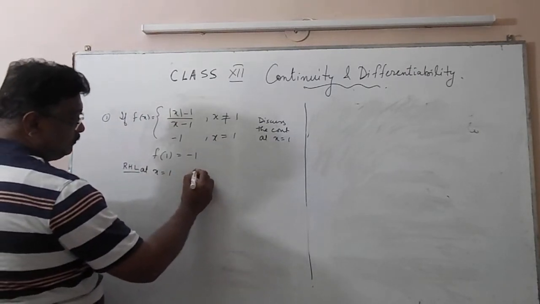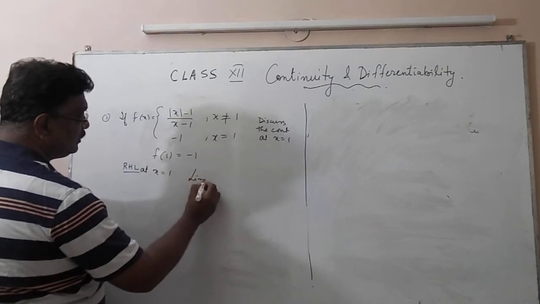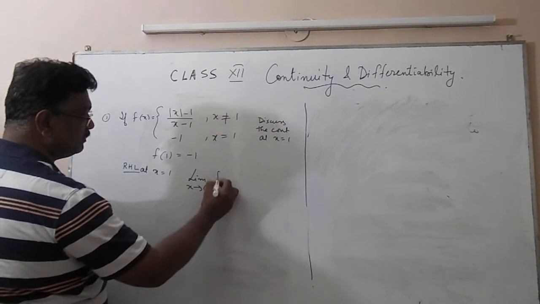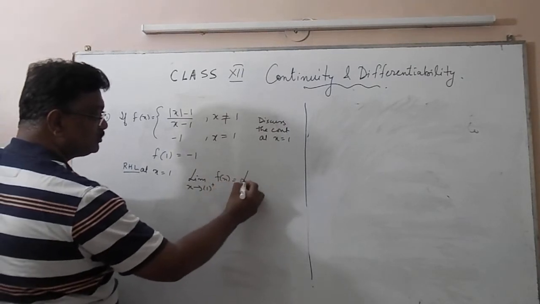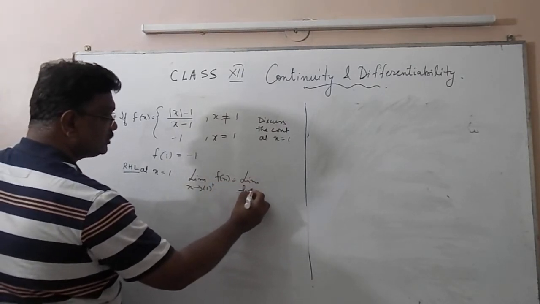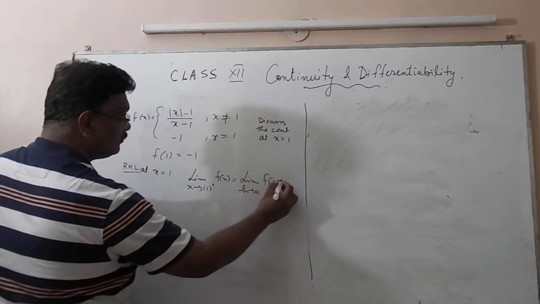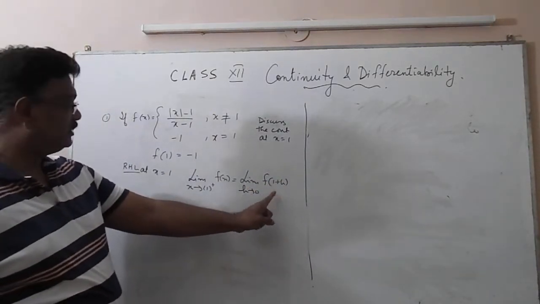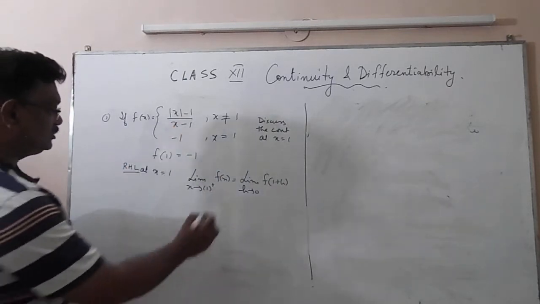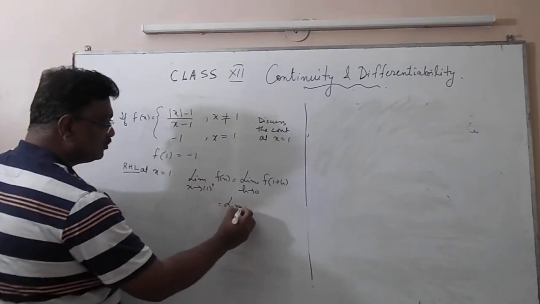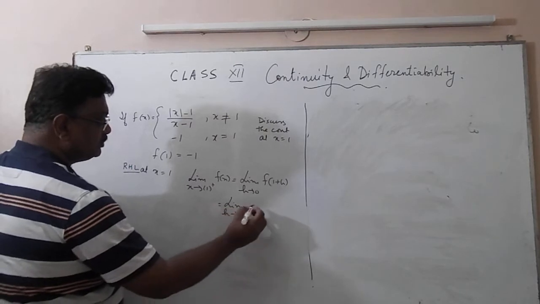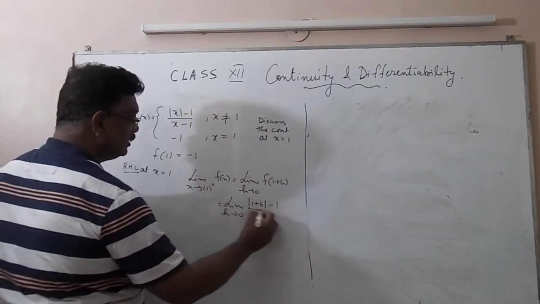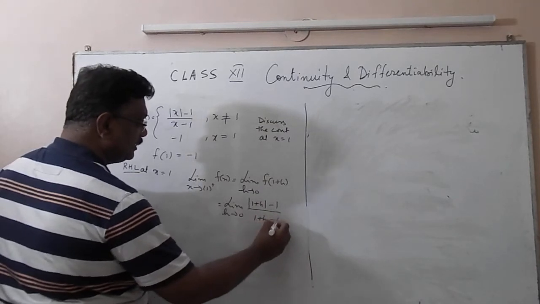This will become limit x tending to 1 positive of f(x), which equals limit h tending to 0 of f(1 plus h). We take this function and substitute the values, so we get limit h tending to 0 of modulus of 1 plus h minus 1 upon 1 plus h minus 1.